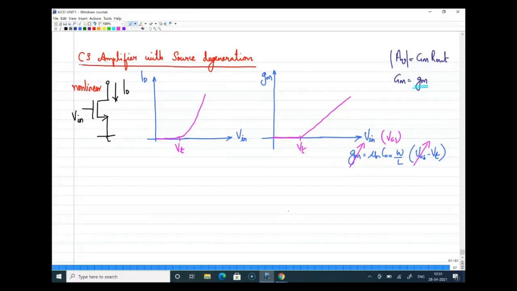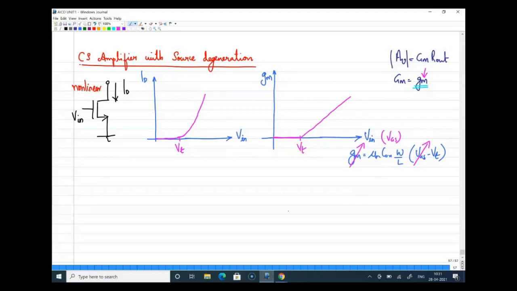So if you look at the gain expression, gain has this gm term. If gain has this gm term, whatever variations happen to Vin will be reflected in the gain. All right, Avinash, your question is that Gm is Iout by Vin.